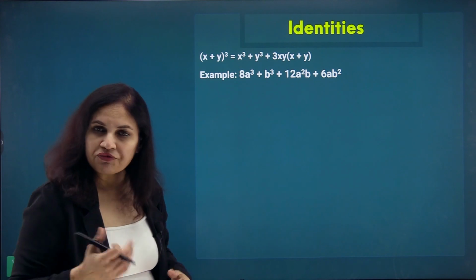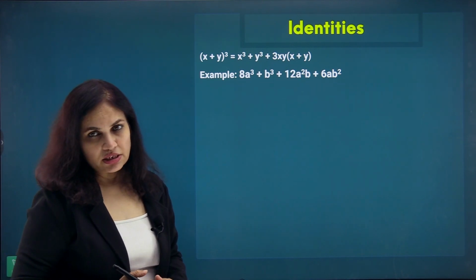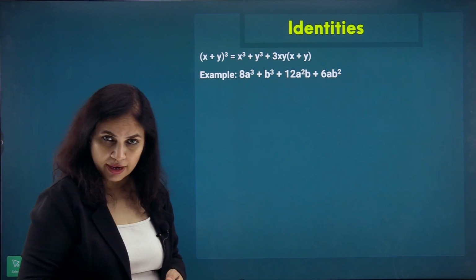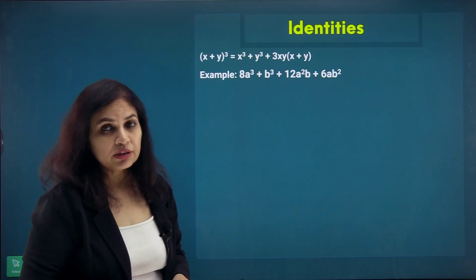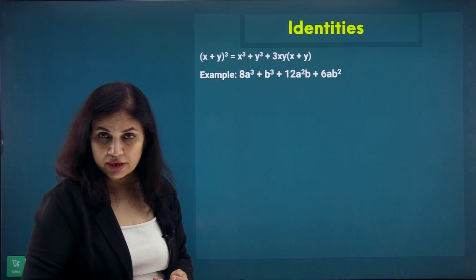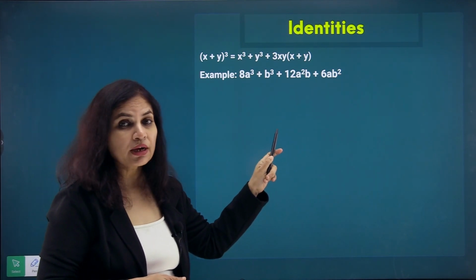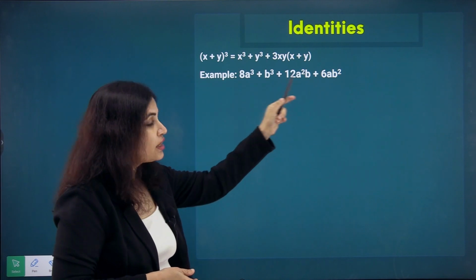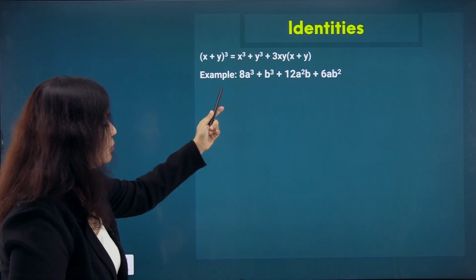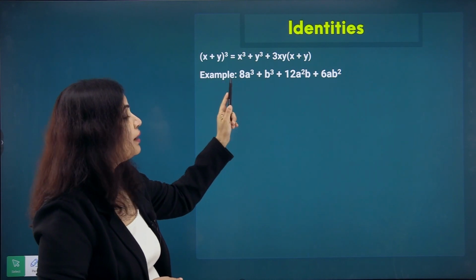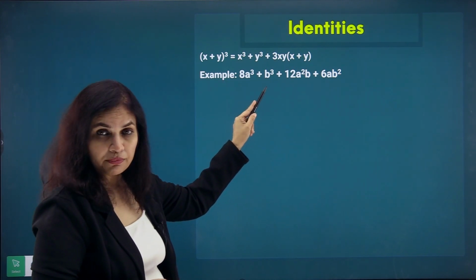Again, as we have done in square identities, how to factorize a given polynomial using a square identity. If it's a quadratic polynomial, we'll try the square identity. If it's a cubic polynomial, we'll try with a cubic identity. Given any expression, it has two terms a and b, and these are the cubes of a and b.